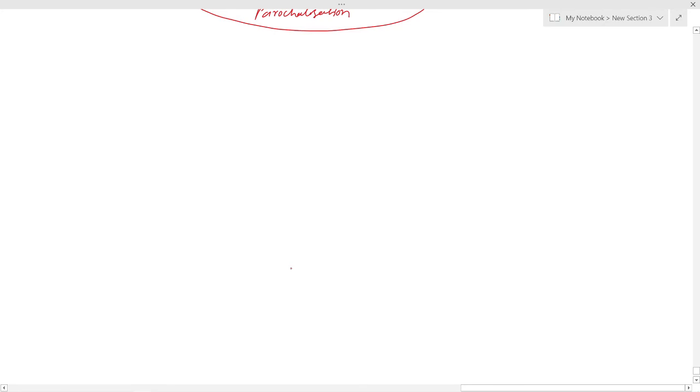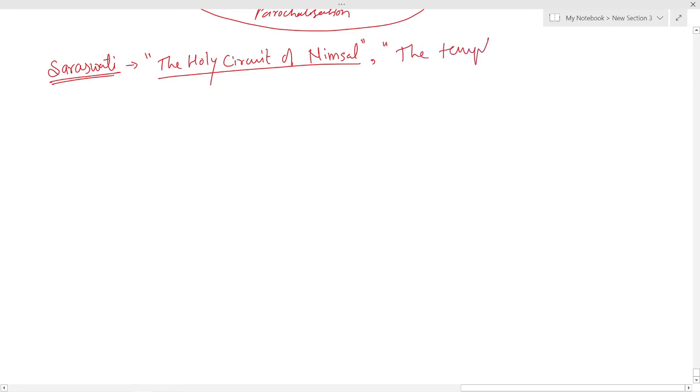Taking lead from Vidyarthi's sacred complex of Hindu Gaya, a group of younger sociologists was attracted towards this new field of research, and Saraswati contributed in this field with his Holy Circuit of Nimsar and the temple organization of Goa and Kashi.